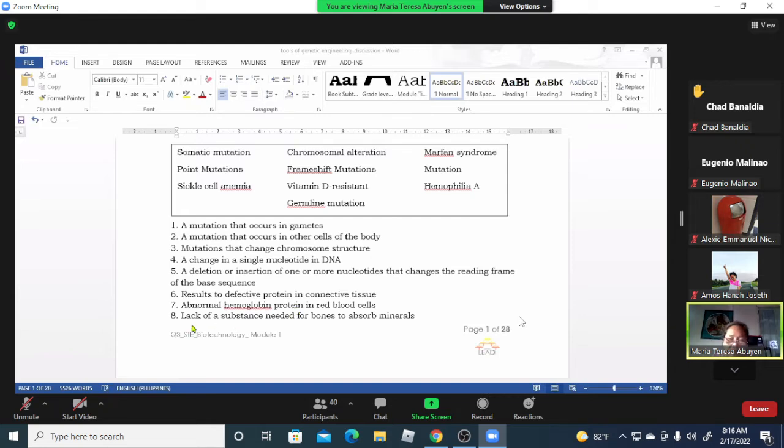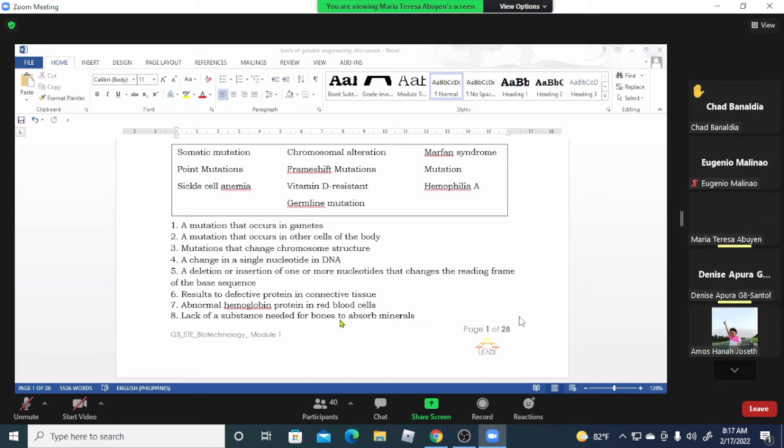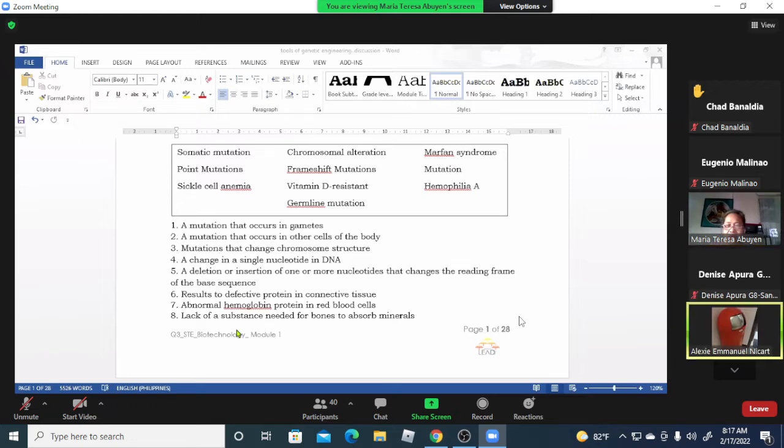So number 8, lack of a substance needed for bones to absorb minerals. Vitamin D resistant. Vitamin D is actually needed for the absorption of a certain substance in the bone cells.